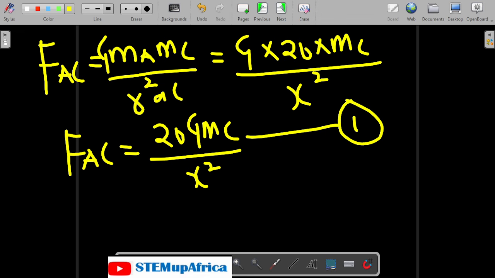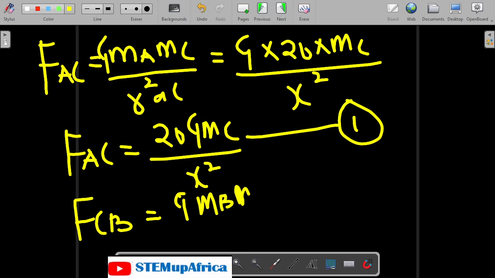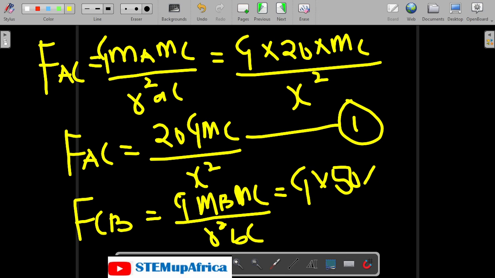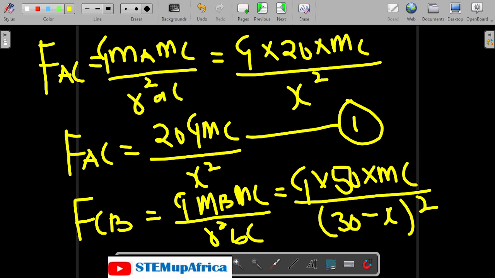Let's call it equation 1. Then FCB will be the same formula: G MB MC over r squared BC, which is G times 50 times MC over (30 minus x) all squared. Let's call this one equation 2.